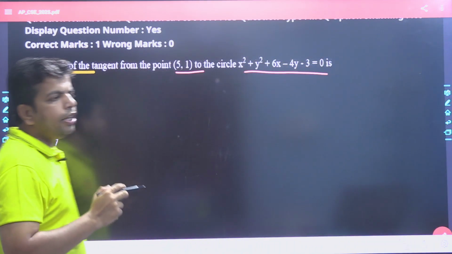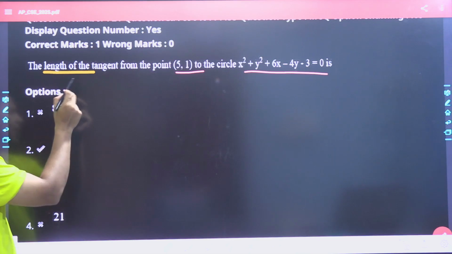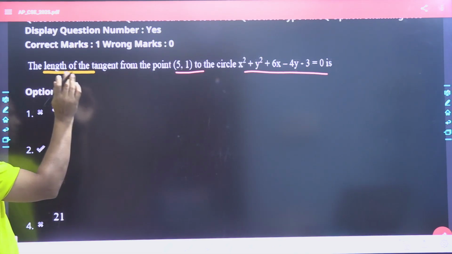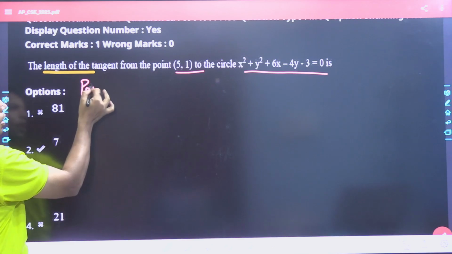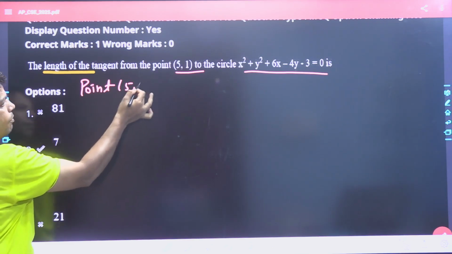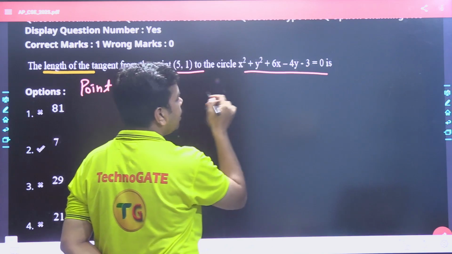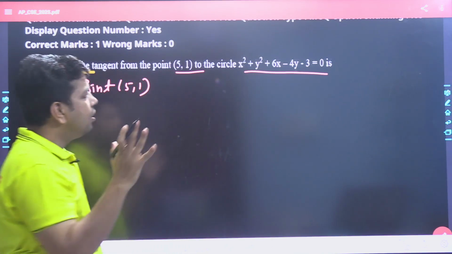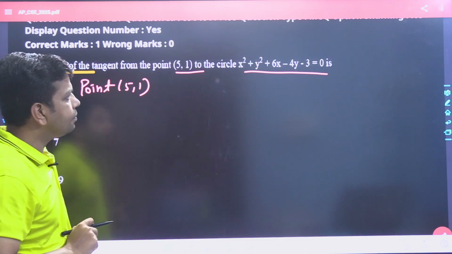First of all we need to find out the center of the circle as well as the radius, as well as the point. The point given to us is 5 comma 1. Now let's simplify this or convert that into the center and radius format.